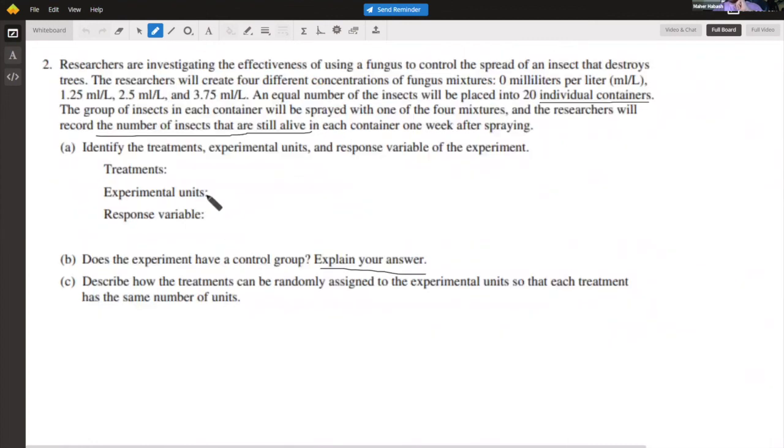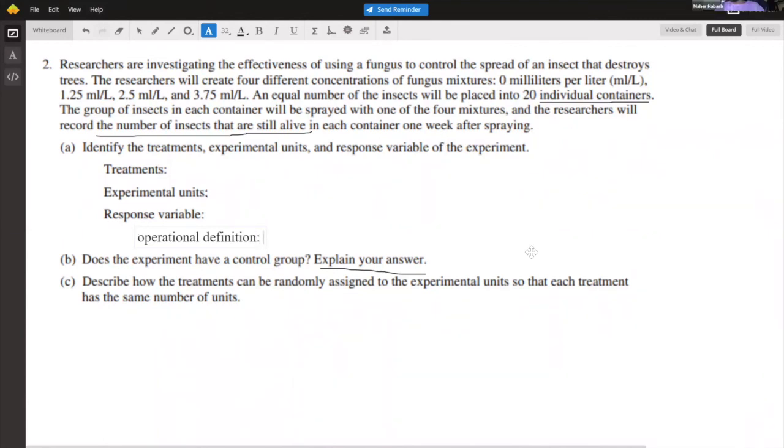Now, experimental units, I remember that one's something that trips a lot of people up. Another word they like to ask sometimes is operational definition.